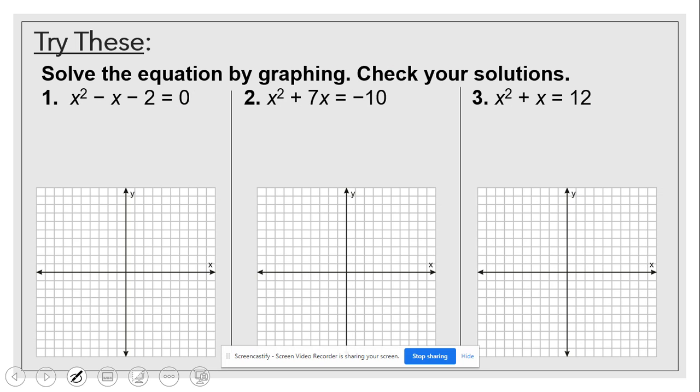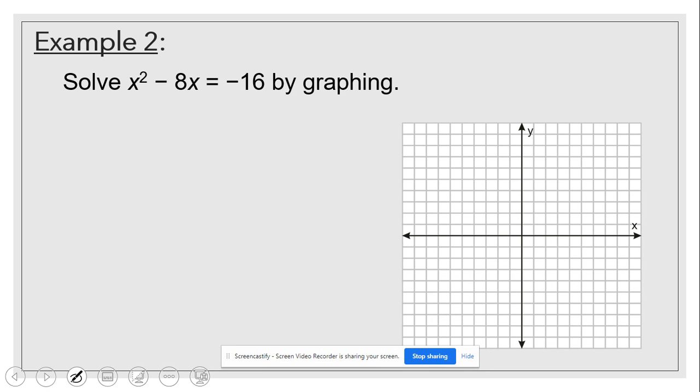I don't think we need to go through these. We'll do this one. I'm not even going to graph it. I'll show you how to graph these on Desmos. Add the 16, add the 16. So I've got x squared minus 8x plus 16 is equal to 0.